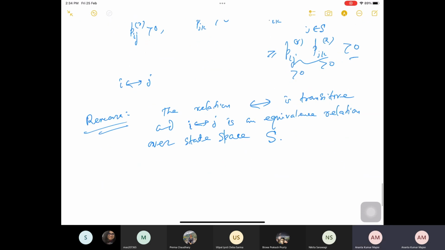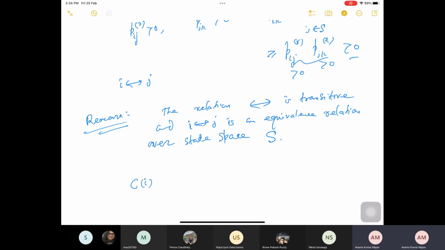Now I have a set S, and I consider the equivalence classes. I can define the equivalence class now.